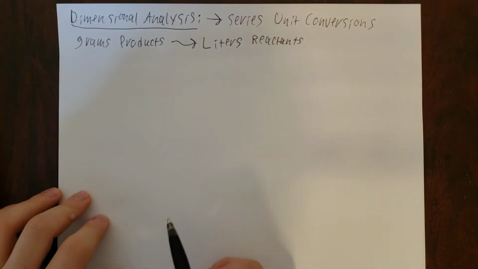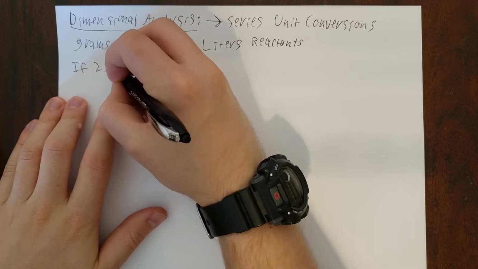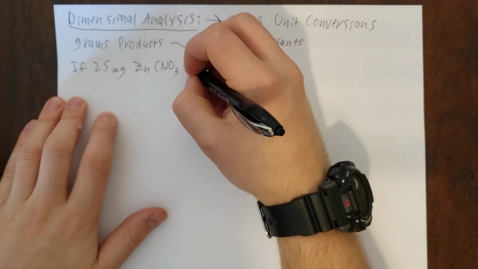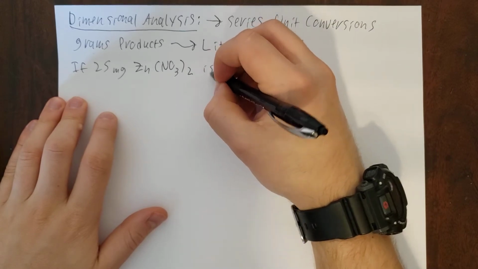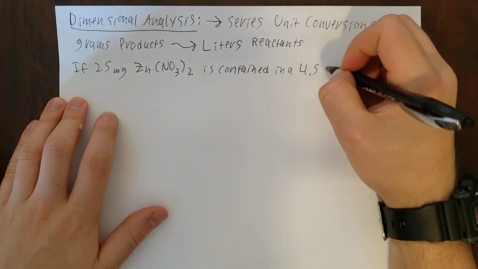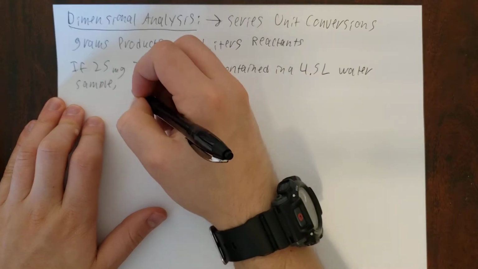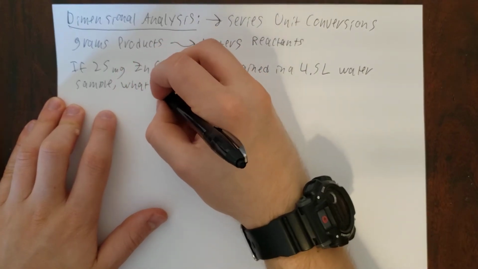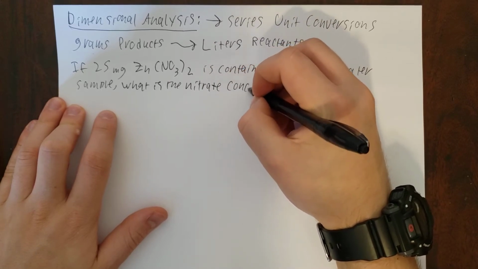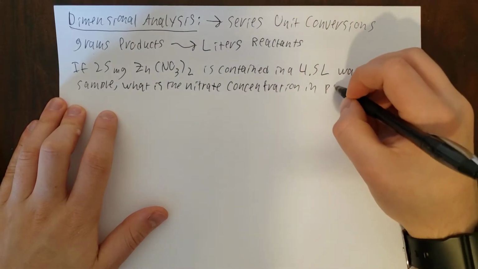For this, what we're going to say is: if 25 milligrams of zinc nitrate is contained in a 4.5 liter water sample, what is the nitrate concentration in ppm?